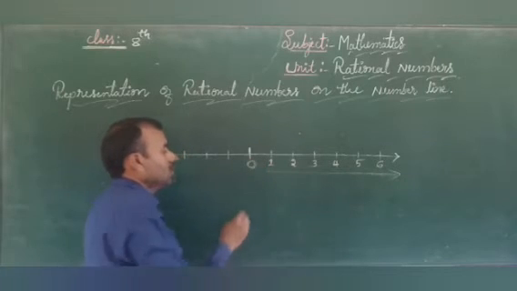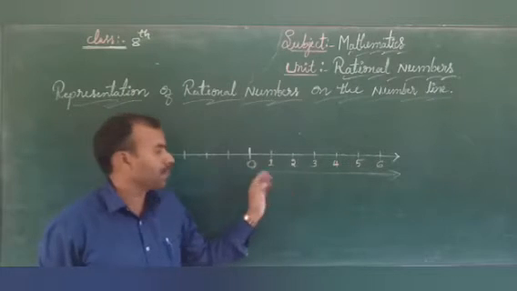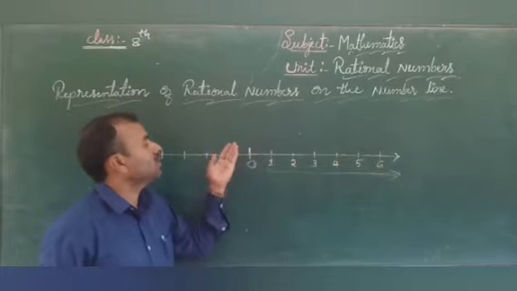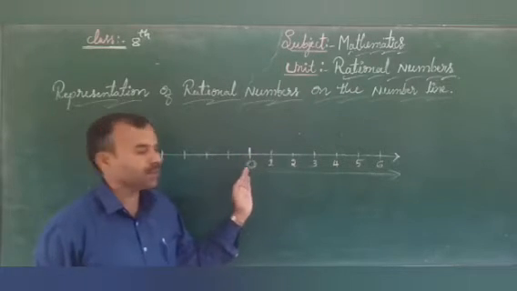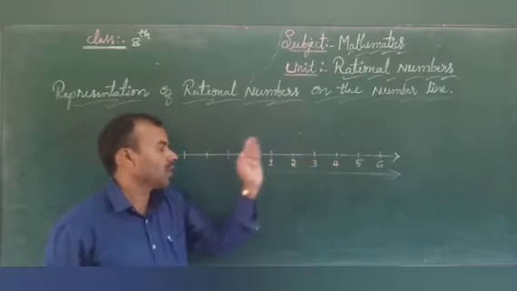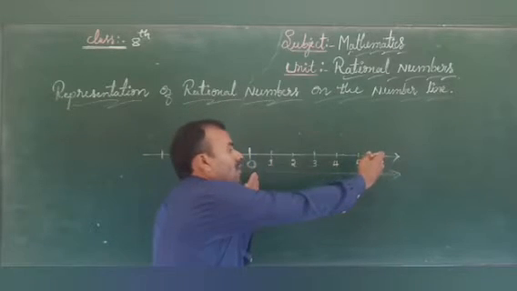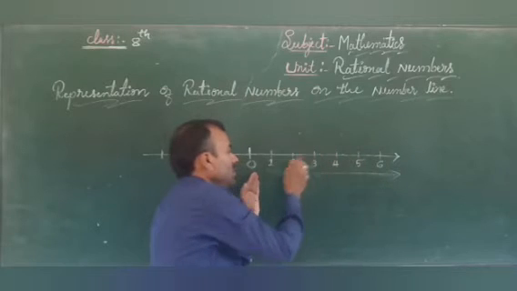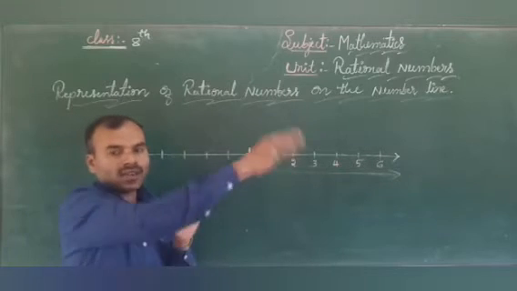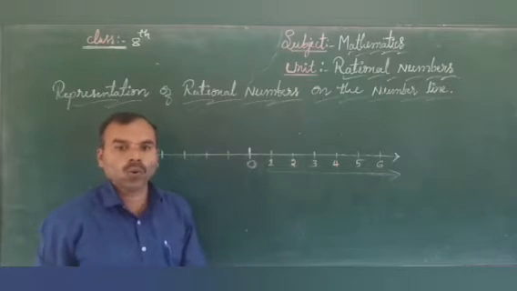The numbers starting from 0 extend indefinitely on the right side of the number line. So here 0, 1, 2, 3, 4, 5, 6, 7 and so on. This is the method of representing whole numbers.